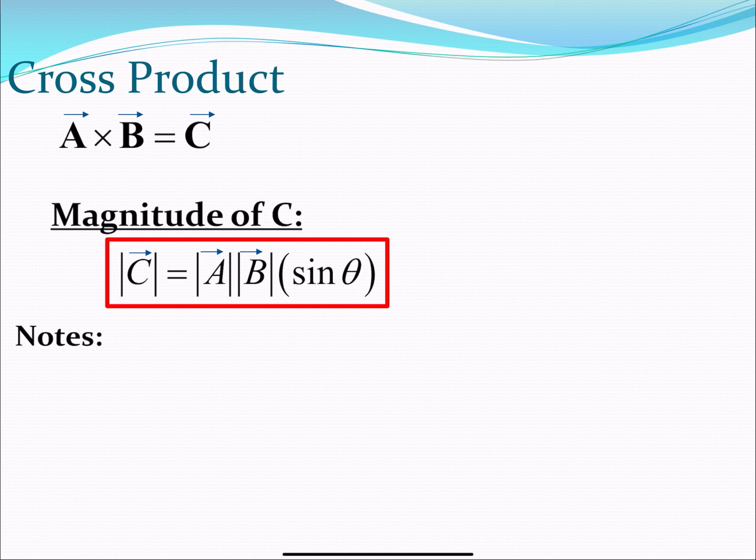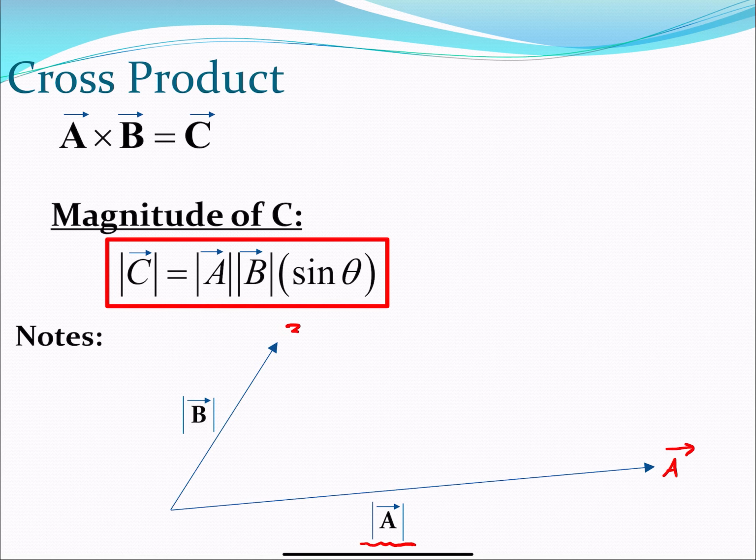So let's investigate a little bit some of the nice and interesting things about the cross product. If we remember the definition, let's set a vector A over here with magnitude A, and let's set up another vector B over here, and let the magnitude be the absolute value of B. This is the angle theta between the two.